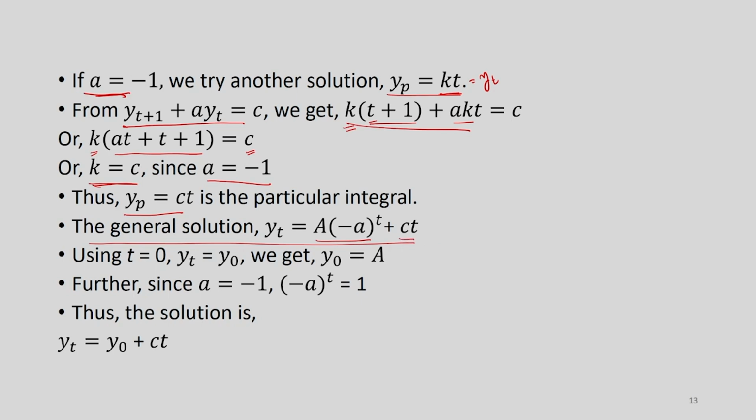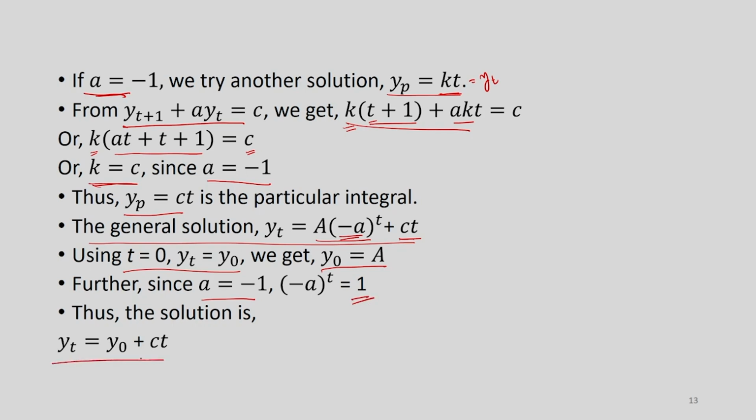But again I have to get rid of capital A. So, I again use the initial condition. If I put t is equal to 0, this part vanishes. So, capital A will be equal to y 0. Further, since a is equal to minus 1, this part just becomes 1, so minus a to the power t becomes 1.